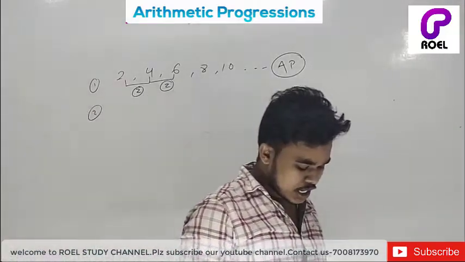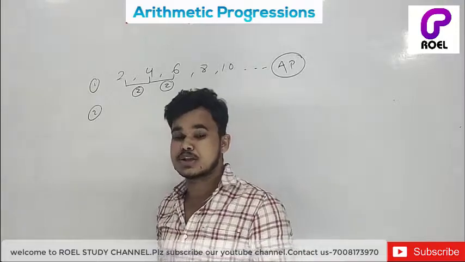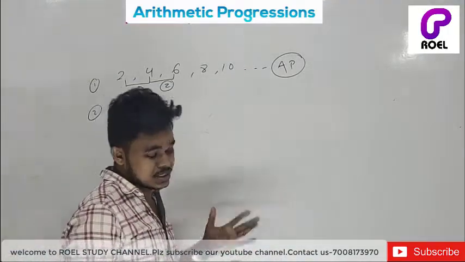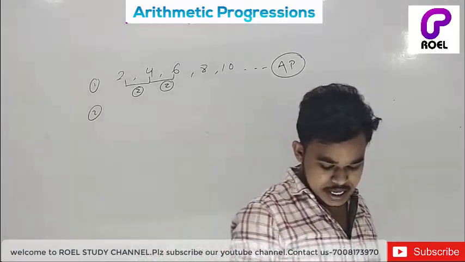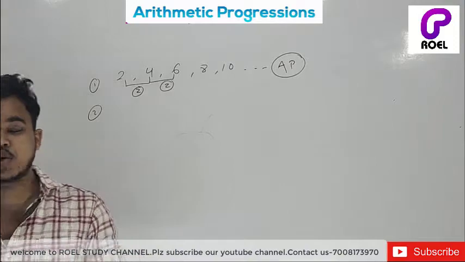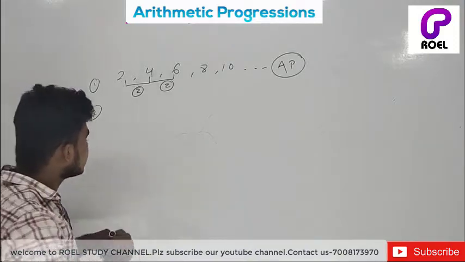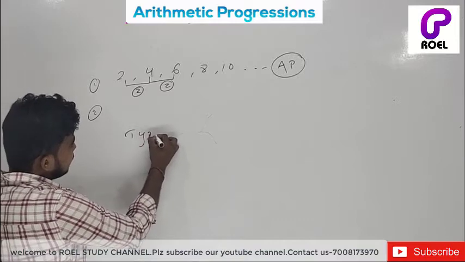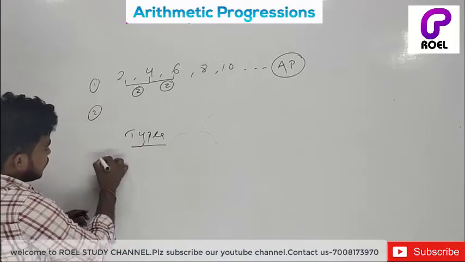This is arithmetic progression. In a numerical series where the common difference between the numbers is the same, we say that it is an AP. Okay, what are its types? There are two types.